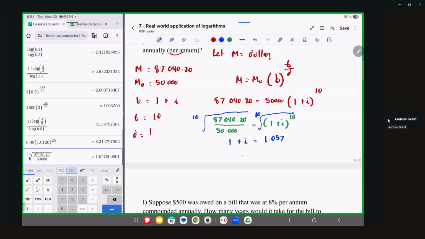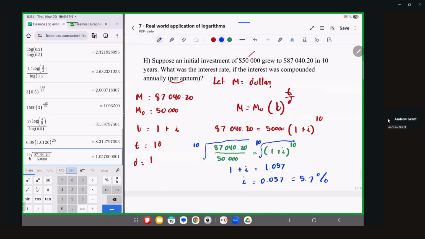And so subtracting 1 from both sides, I is equal to 0.057, which will be an interest rate of 5.7%. So for this circumstance to be true, the interest rate would have to be 5.7%.